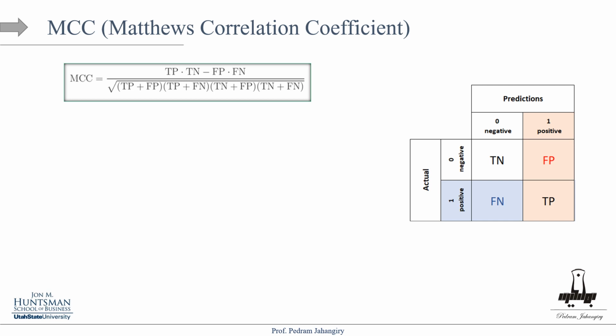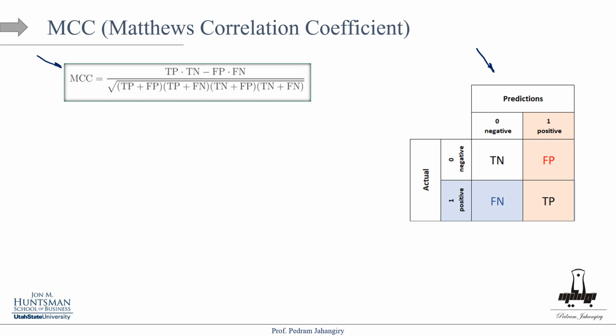Okay, I thought that maybe I should talk about MCC, the Matthews correlation coefficient, on a separate slide. So here you go. This is our confusion matrix on the right, and this is how we construct the MCC. At the end of the day, it's nothing but some sort of correlation between actuals versus predictions, right? And we said that it takes into account all the numbers, good and bad.